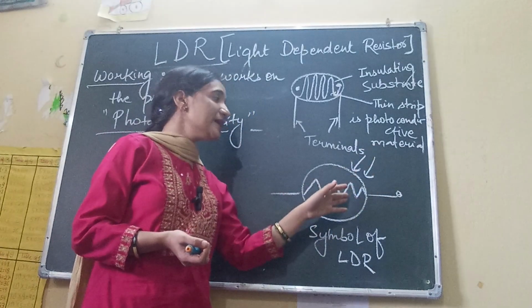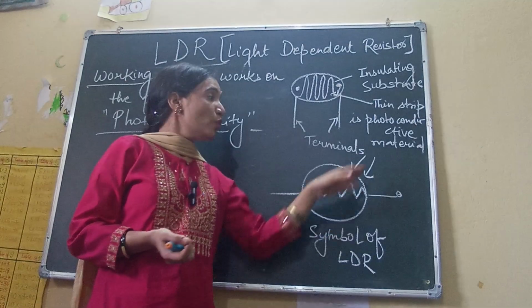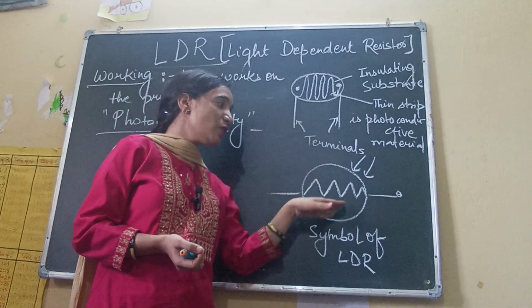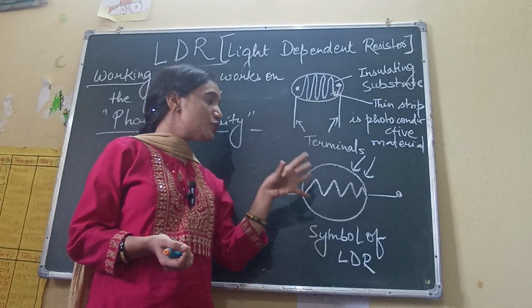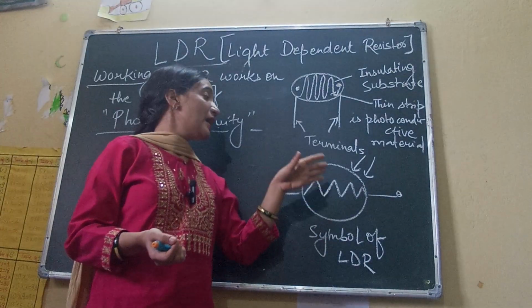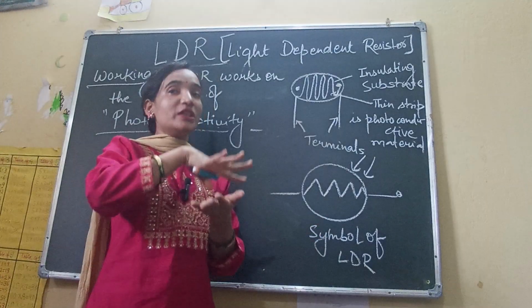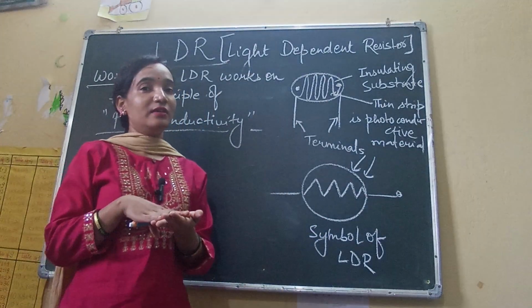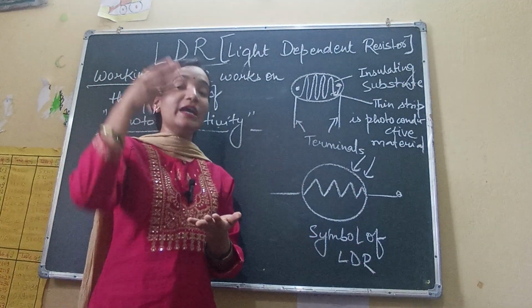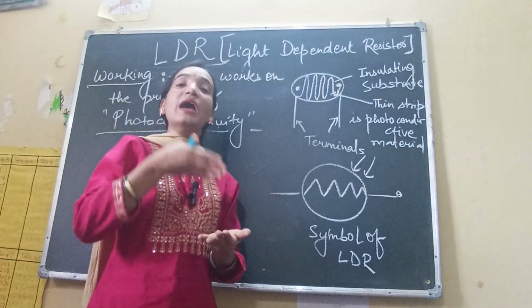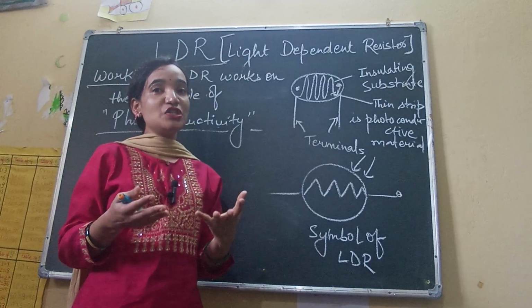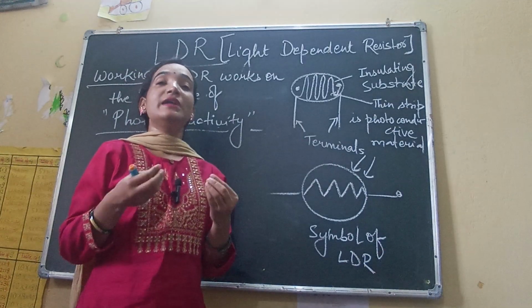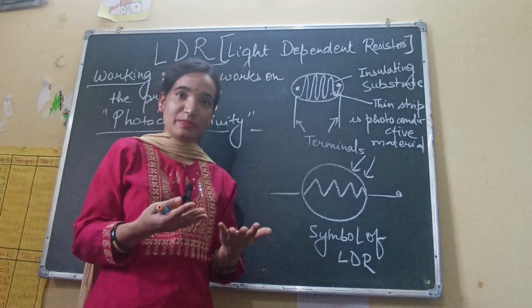When light falls on the LDR, it will strike the atoms on the surface of the LDR, and those atoms will get energized and travel to the conduction band.